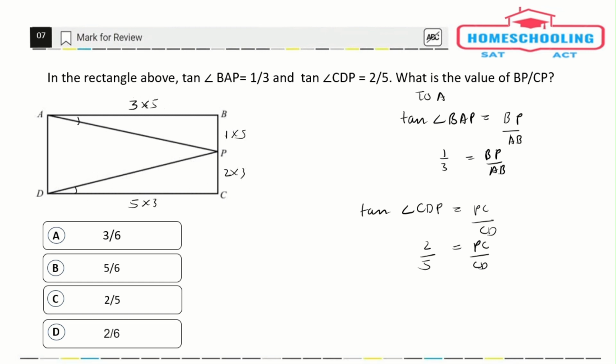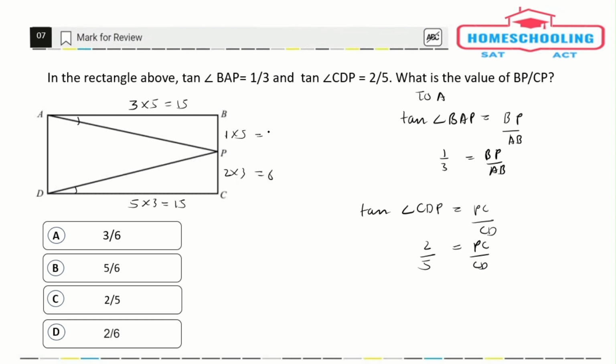Now we can see that both of them are 15, and similarly this is also 15. This is a concept of ratio and proportion, so we have to equate these two sides. For equating them, we have multiplied the sides of this triangle by 5 and the sides of these triangles by 3.